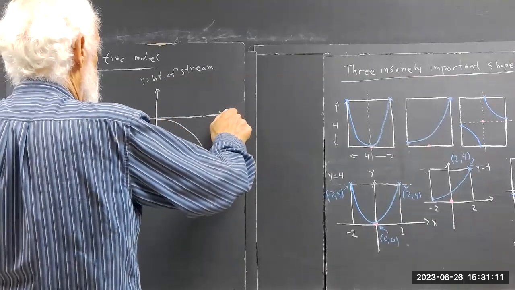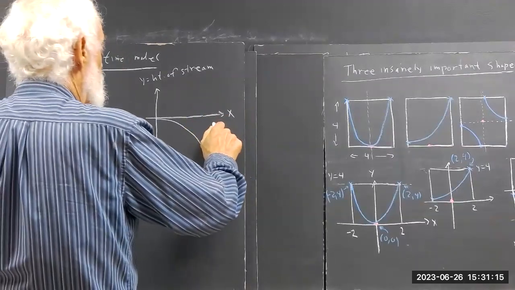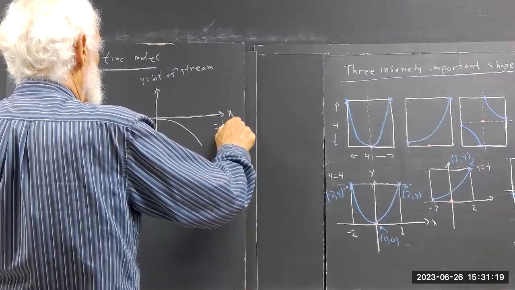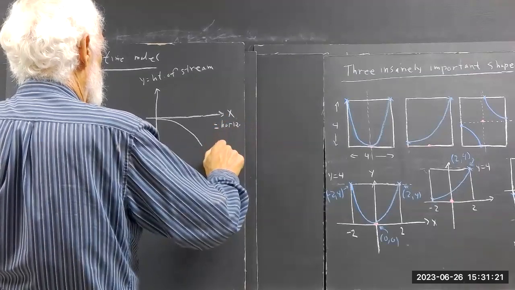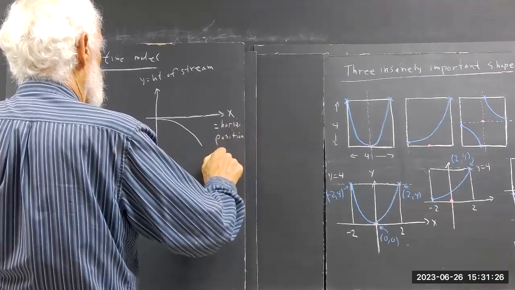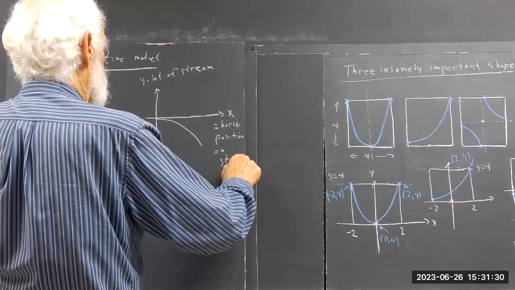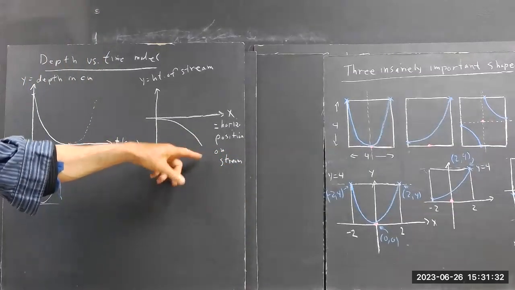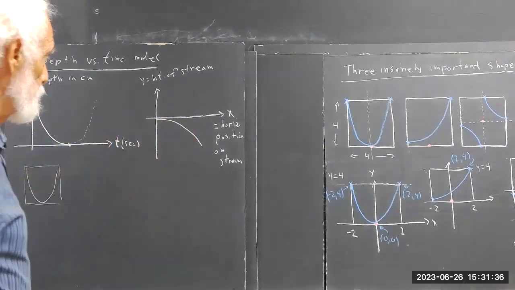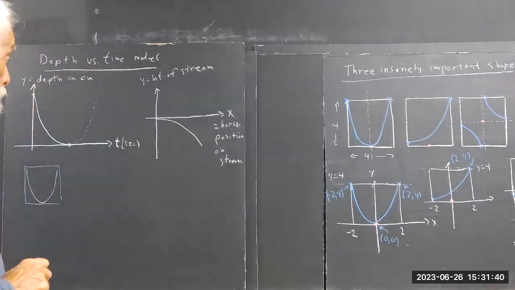And x equals, a little bit of a long description, the horizontal position along the stream. Okay, so this is an actual picture of the stream. This is also a quadratic function.